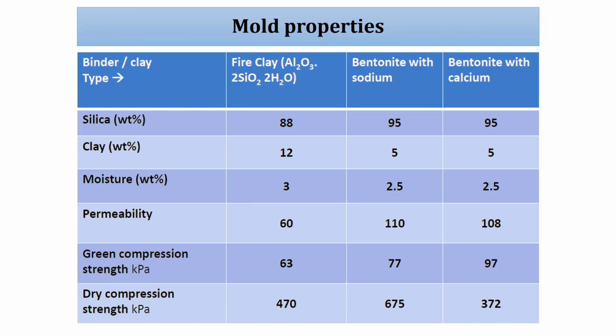So, based on that, mold properties are something like this. The binder and clay are fire clay, bentonite with sodium, bentonite with calcium, permeability in the range 60, 110, 108. So you can see the permeability number is on the order of 100, around 100. Similarly, green strength and dry strength, you can see dry strength should be higher in the green sand mold.